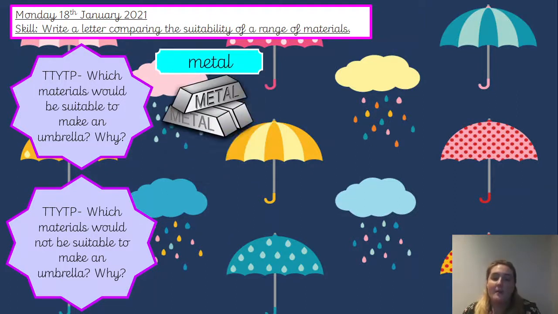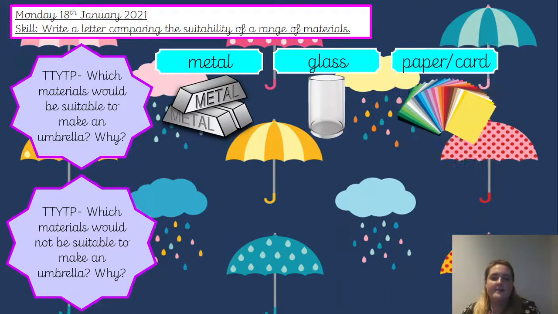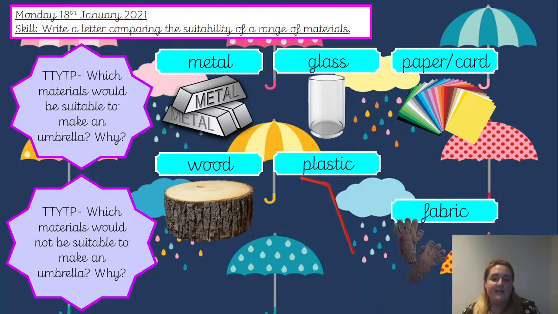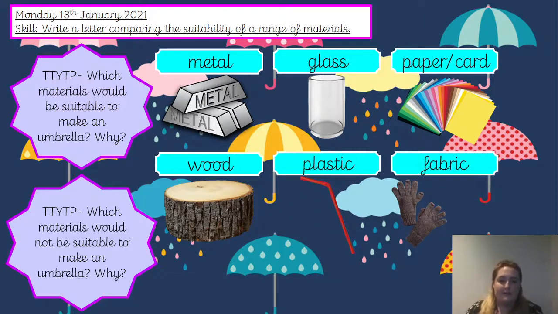So we've got metal, glass, paper or card, wood, plastic and fabric. Okay, so which materials would we use to make an umbrella and why? And which ones might we not use to make an umbrella, and why? Turn to the person next to you, and I'd like you to discuss this question now, please. Off you go.